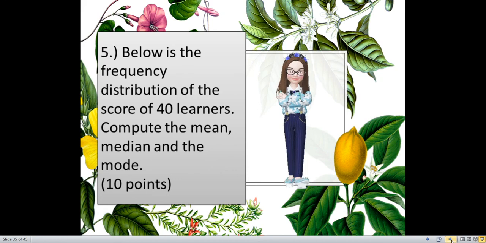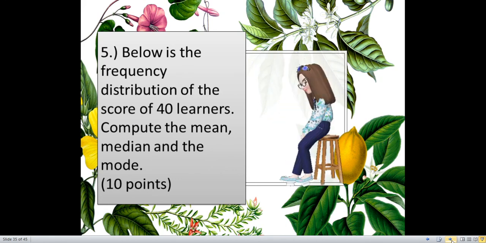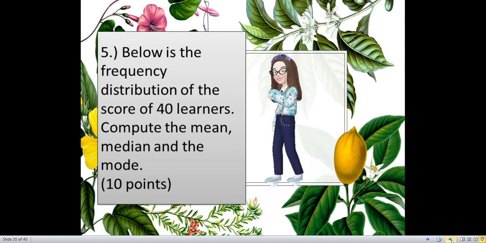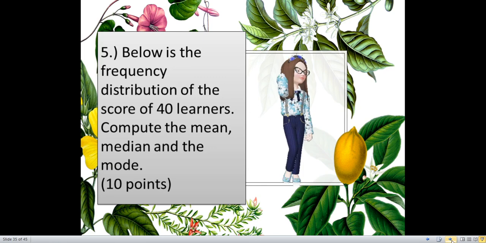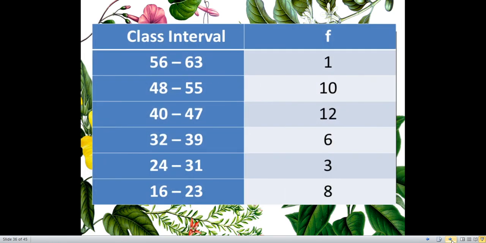Number 5, below is the frequency distribution of the scores of 40 learners. Compute the mean, median, and the mode. This is for 10 points. Here is the data, the class interval and the frequency. It is now grouped data, so you need to use the formula for grouped data. That's why it is for 10 points.